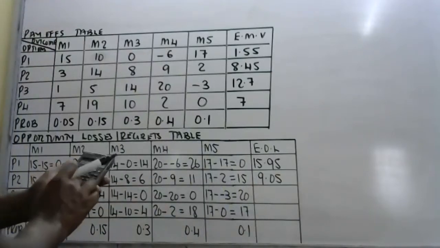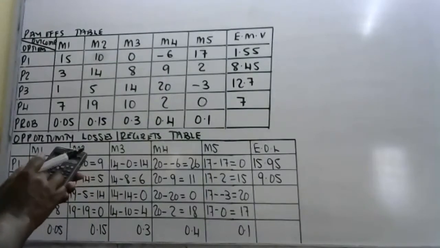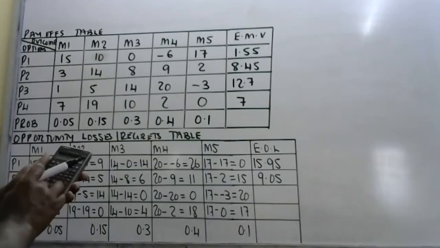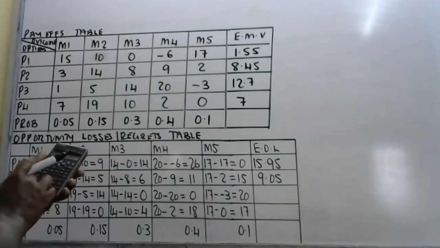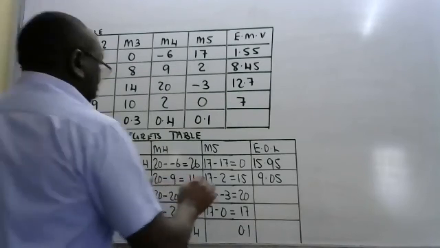The next one is 14 times 0.05 plus 14 times 0.15 plus 0 times 0.3 plus 0 times 0.4 equals 2.8.